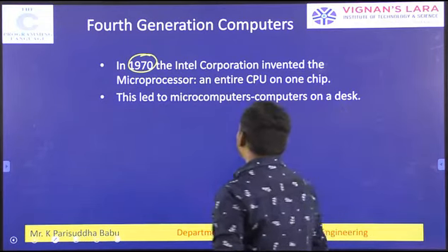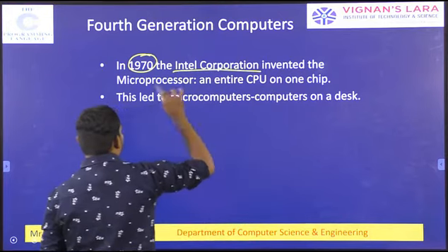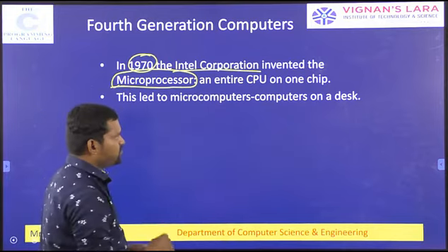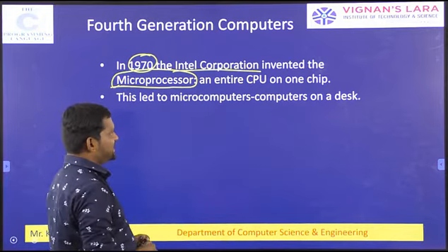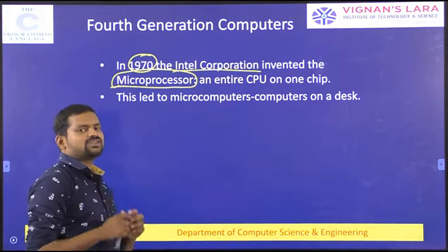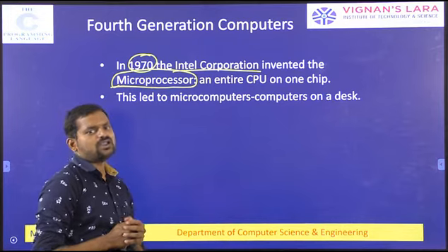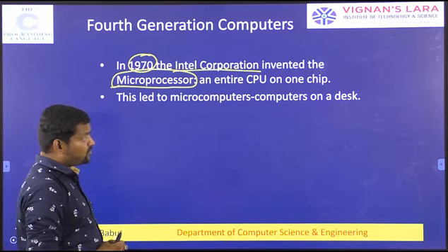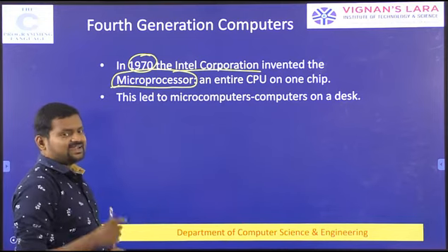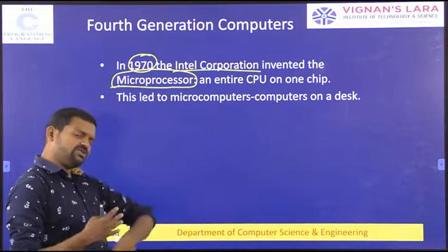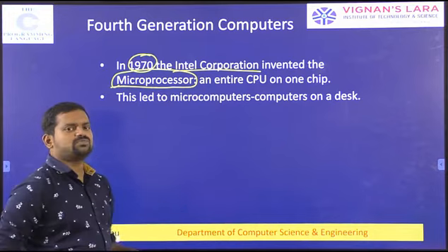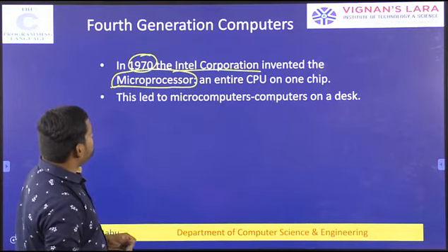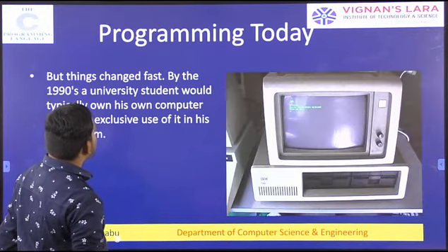The Intel Corporation invented the microprocessor, that is, an entire CPU on one chip. This led to microcomputers, computers on a desk. Room space became one desk. So this is the fourth generation of computers.